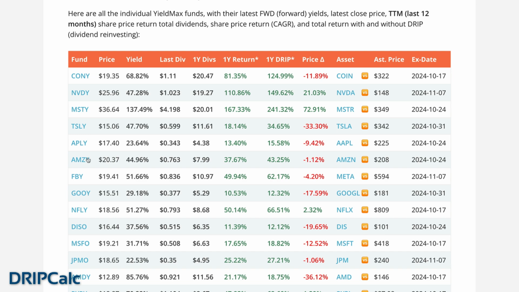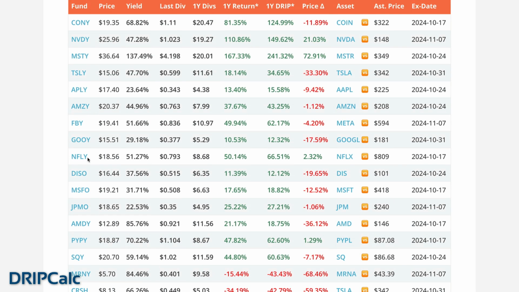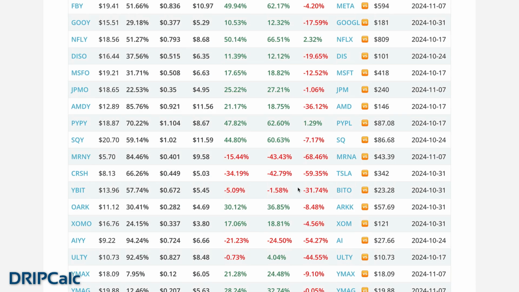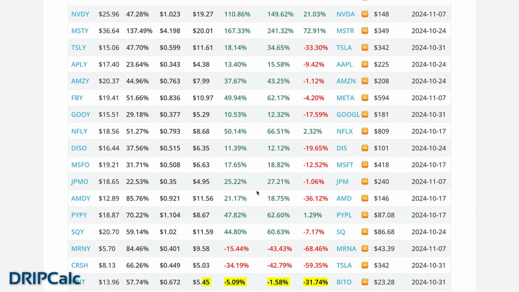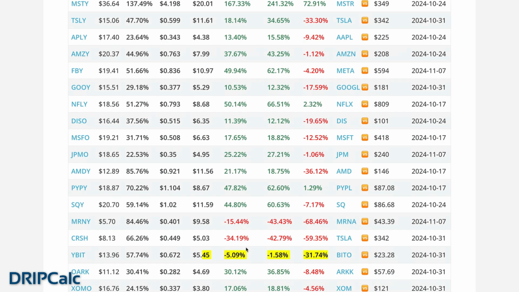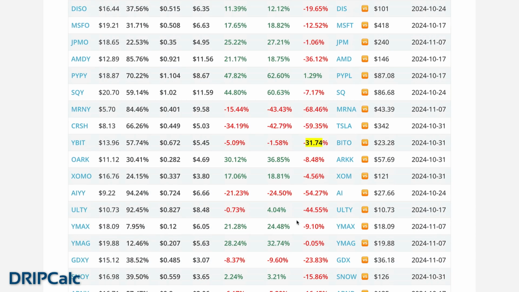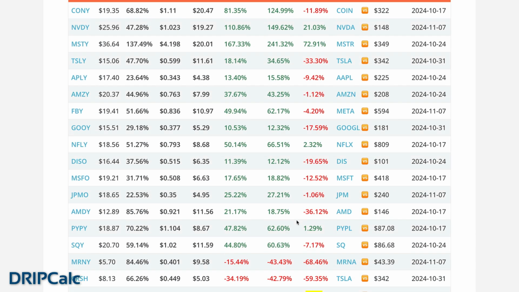It's the reverse or short of Coinbase. But you can see, let's find YBIT over here. It's all in the red since inception. If you didn't reinvest the dividends, you're down by 5%. If you reinvested dividends, you're down 1.5%, and just on the share price basis, you're down 31%. So yeah, it's not a good fund by any measure.